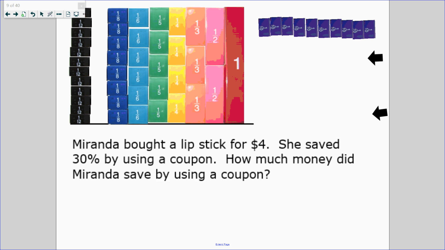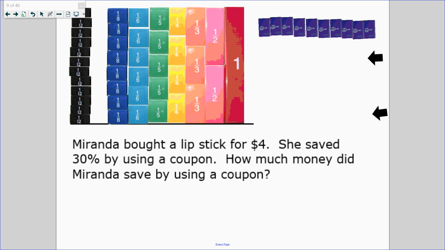So Miranda bought a lipstick for $4. She saved 30% by using a coupon. How much money did Miranda save by using a coupon? So we know 30%. If you look through these bars, you're not going to see any individual piece that equals 30%.